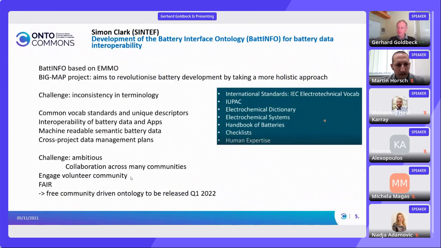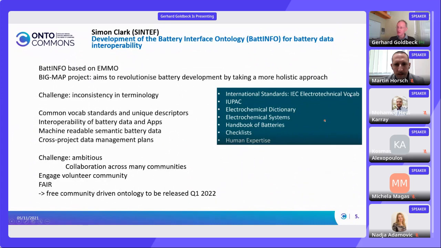Then we went more into the applications in the presentation by Simon Clark in the battery interface field, obviously a very, very pertinent topic. And here is an example where they're facing these inconsistencies in terminologies.